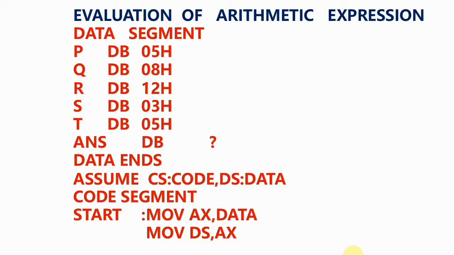So this is the program for evaluation of arithmetic expression. In the data segment we have declared each and every memory operand, that is P, Q, R, S, T, and the memory operand ANS is the answer. We have assigned all the values 5, 8, 12H, 3, 5.